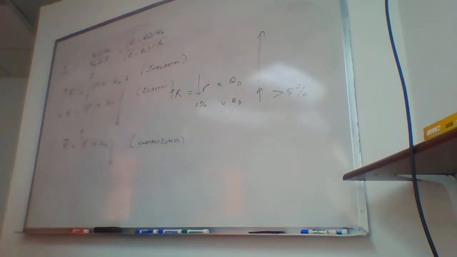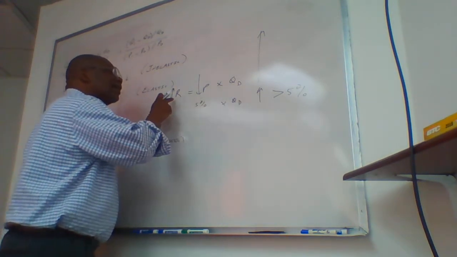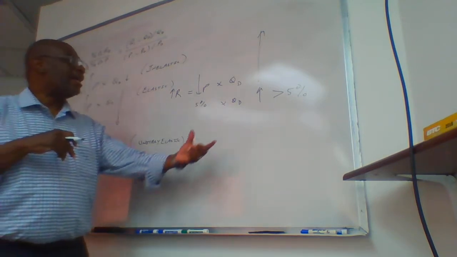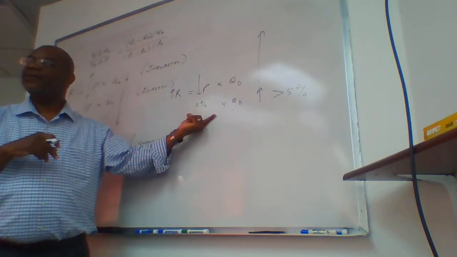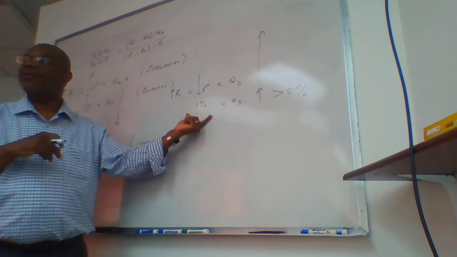Now I don't know how much more than 5%, but that's good enough for me, because as long as this goes up by more than 5%, I come out ahead. I have more sales than what I lost by lowering the price. More customers buying more products than the money I lost by lowering the price.